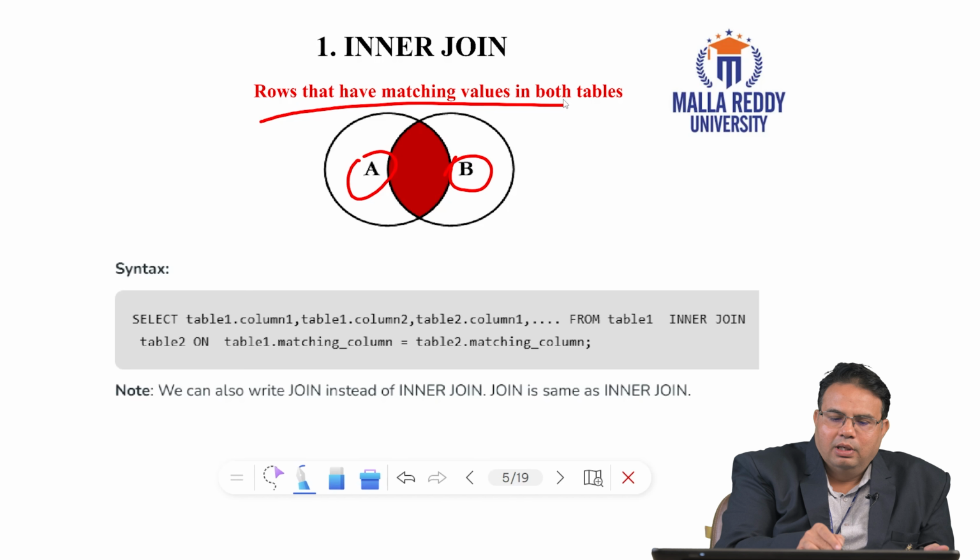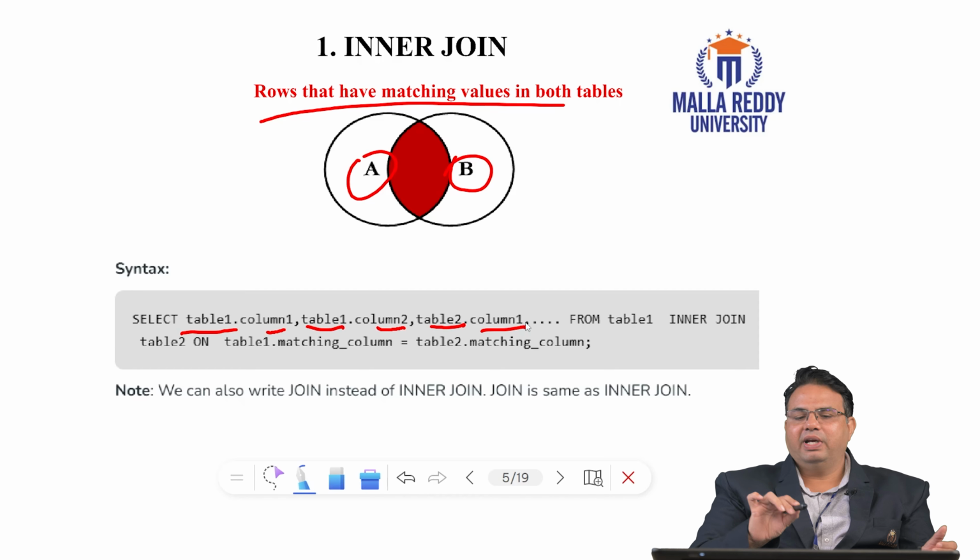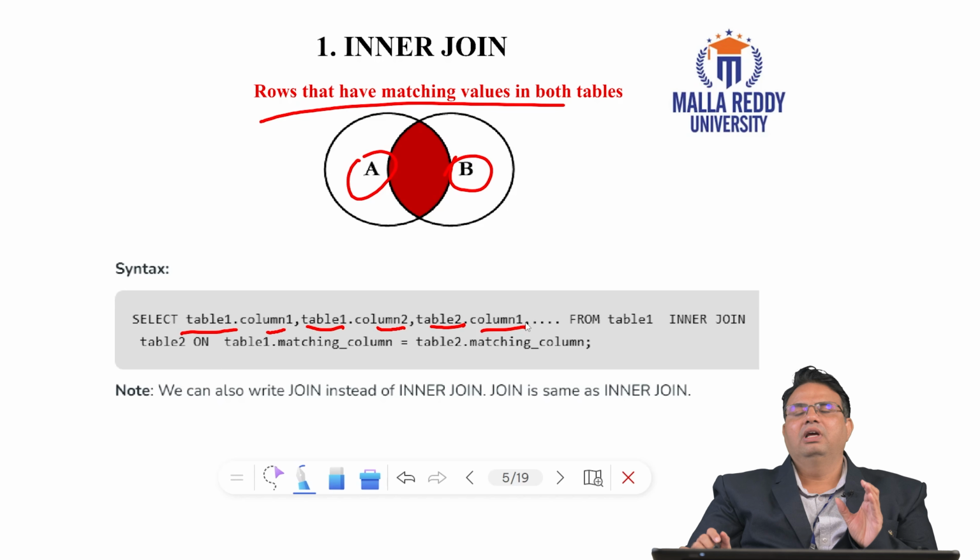Here you can see: select table 1 column 1, table 1 column 2, table 2 column 1. As per this syntax, you select a column list, a set of columns of a table, from table 1 inner join table 2 on table 1 dot matching column equals table 2 dot matching column. I'll just summarize this syntax.